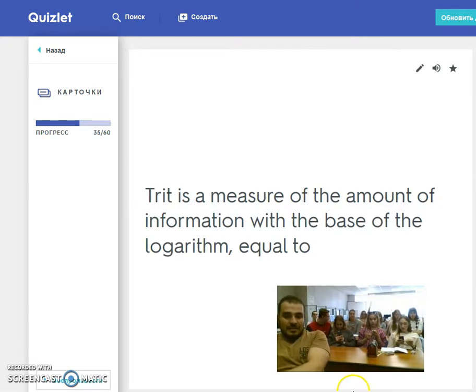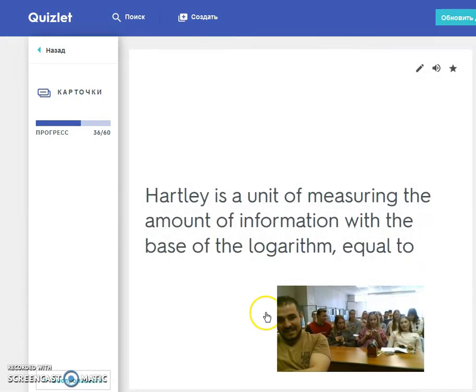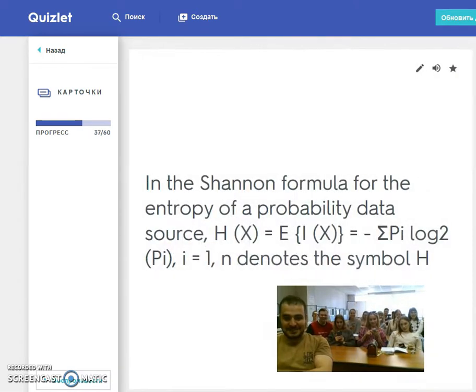A trit is a unit with the base of the logarithm equal to. A hartley is a unit of measuring the amount of information with the base of the logarithm equal to.